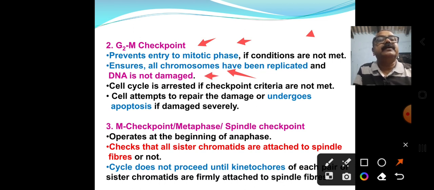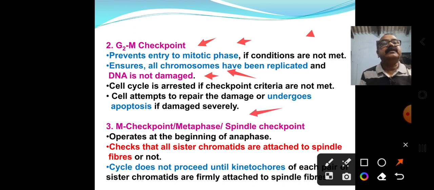If a defect is found, the cell cycle is arrested and cells attempt to repair the damage or undergo apoptosis if damaged severely.